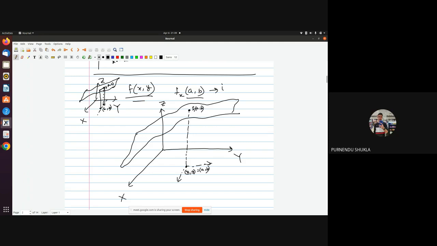So along x, if I move, the functional value will change. This is what we are calculating: the rate of change along this direction. This is my f of x. And if I do it along y, then what is the change of the function along y? This is what we are doing.